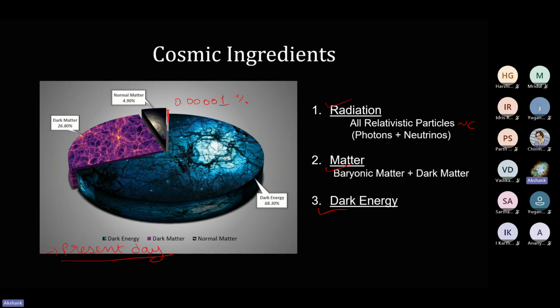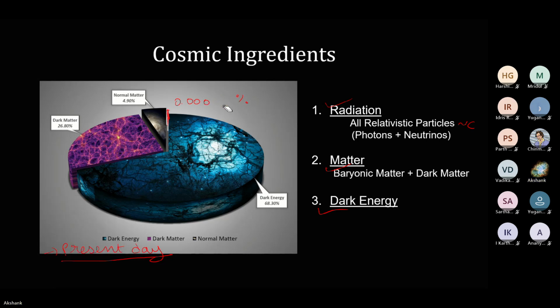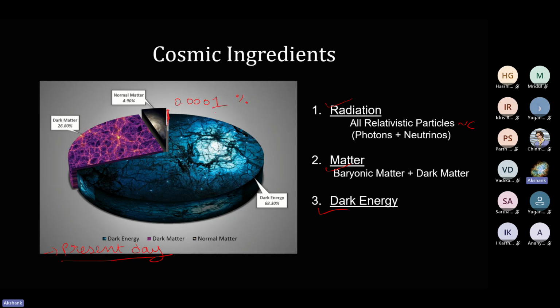If it is in percent, then there's a few more zeros. But yeah, you understand my point. So radiation is still there, but it makes up very little of this cosmic pie chart today. In the past, it made a significant contribution here, but let's see why it does not today.